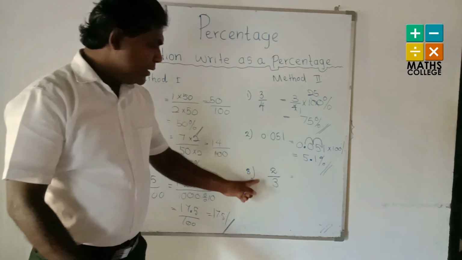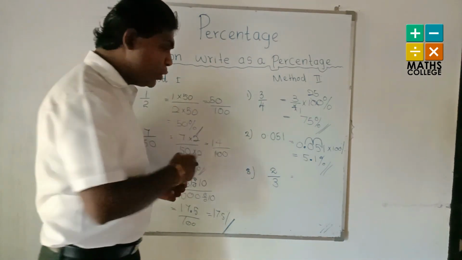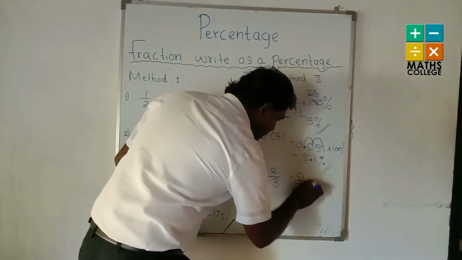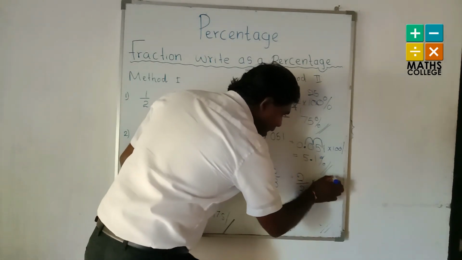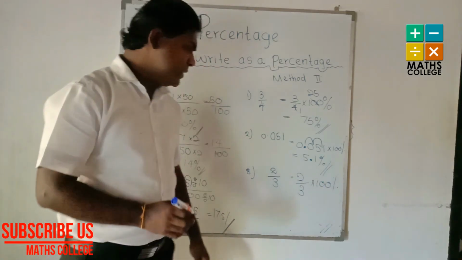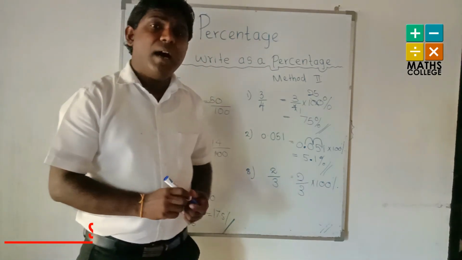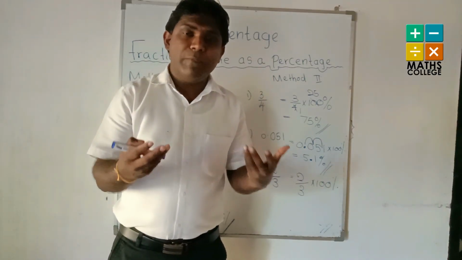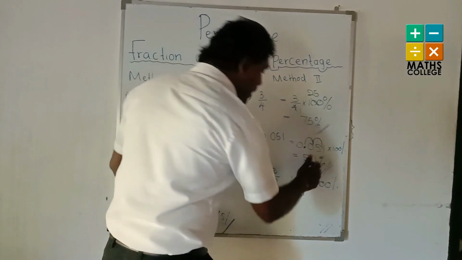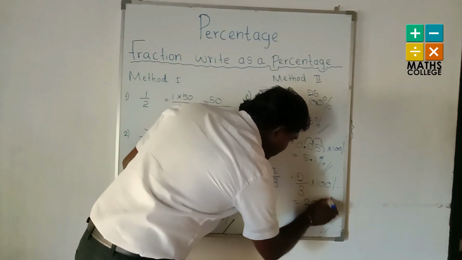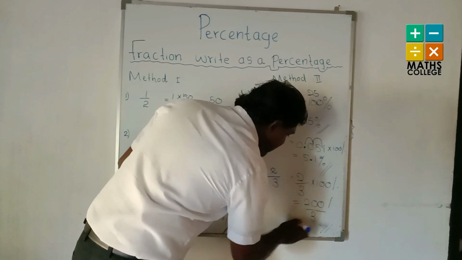Next third one, 2/3. 2/3 also accordingly method multiply 100 percentage. Here 100 and 3 have no common factor because 2 multiply 100 is 200 percentage divided by 3.